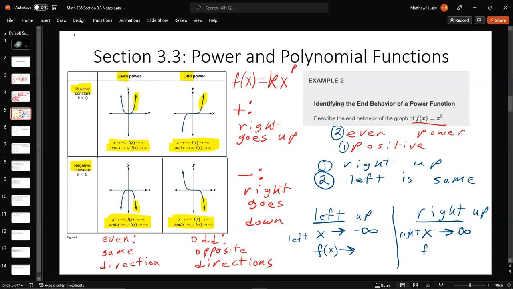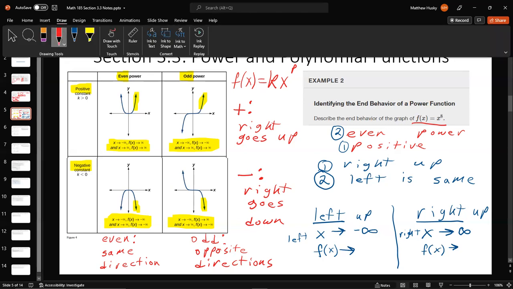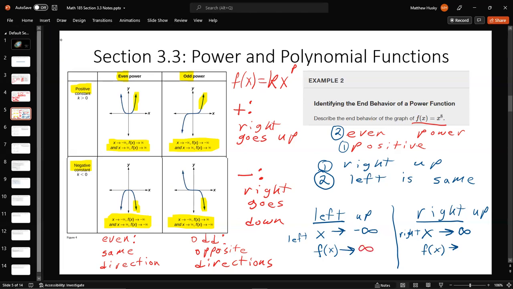And you do the same thing down here. You say f of x and you tell it where it goes. Because it's going up, values that are up are positive. So for both of these, since they are up, you would put positive infinity. So this would be positive infinity, and this would be positive infinity.